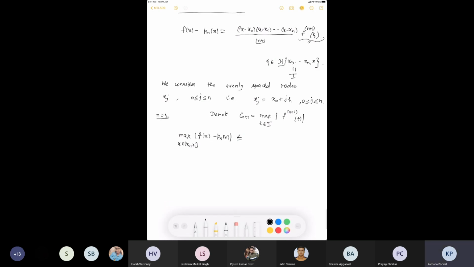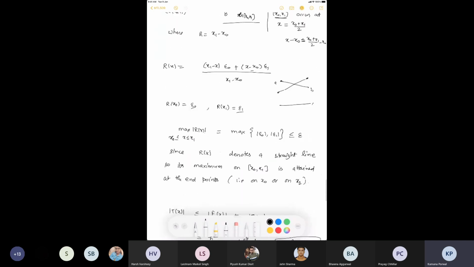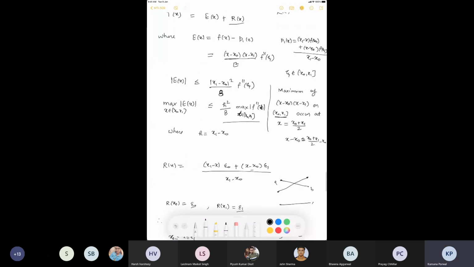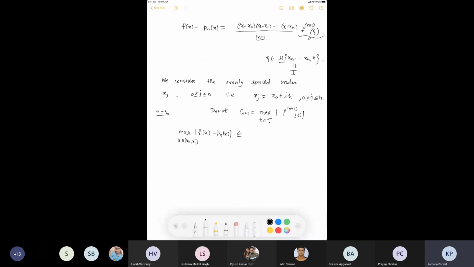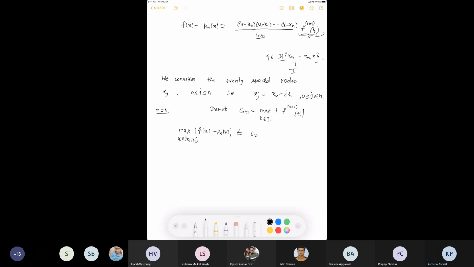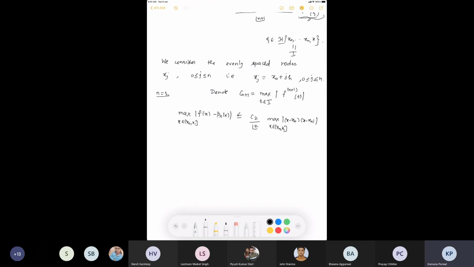Okay. So I'm just going to repeat the same arguments we have seen. This is going to be less than or equal to C2, because I'm taking the maximum of f double prime of t over this interval, times C2 divided by factorial 2, into the maximum of the function (x minus x0)(x minus x1) over the interval x0, x1.